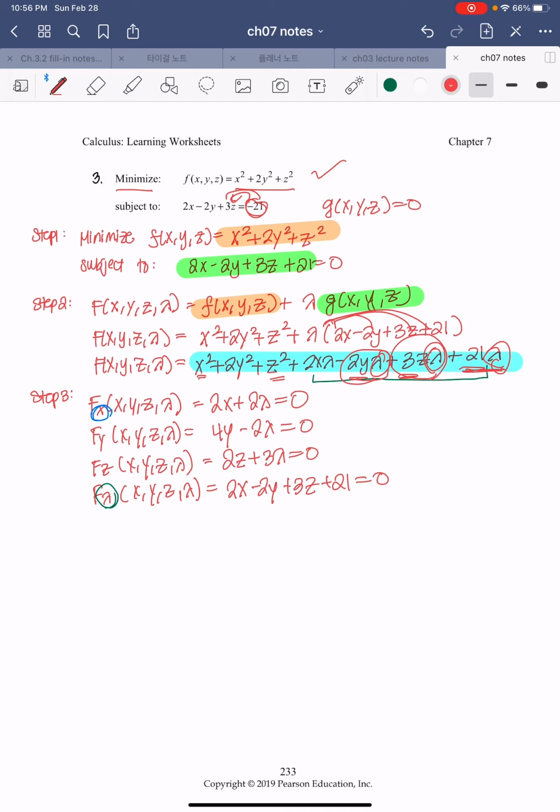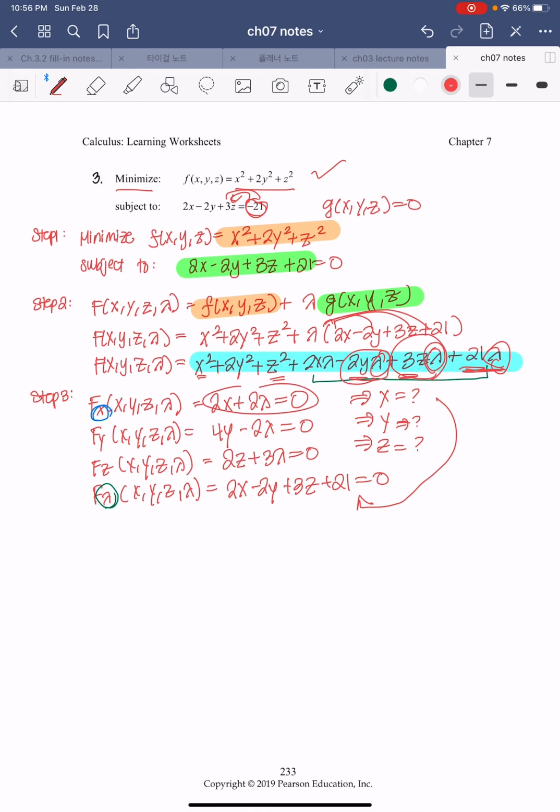All right, let's start solving for x, y, z. Whatever x, y, z we have, I'm going to take this and plug it into here to find the lambda. So let's see.